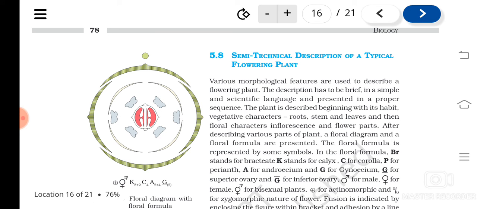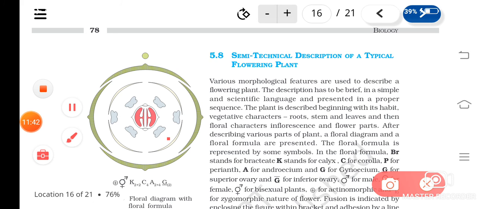Now gynoecium, it's superior and consists of two carpels. It is syncarpous. Syncarpous means they are united.